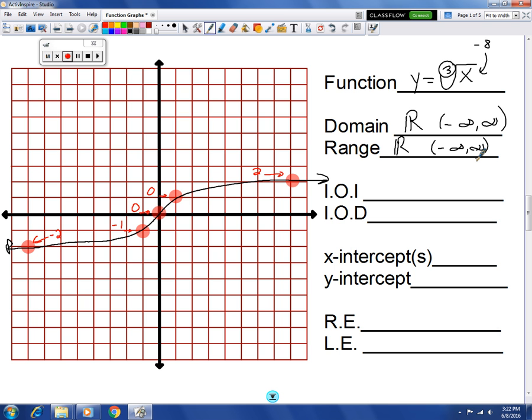All right, interval of increase. Okay, this can be tricky as well. So as we go to the right, you can see it's going up. What's going to happen at x equals 0 though? So I'm going to borrow my calculus hat for just a second. Won't be long. I'm going to change that cube root of x to an exponential form.